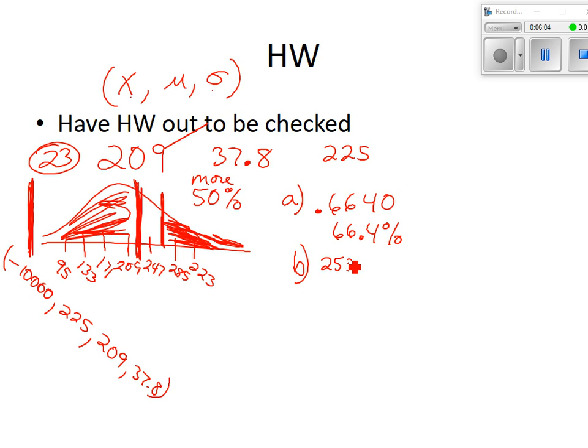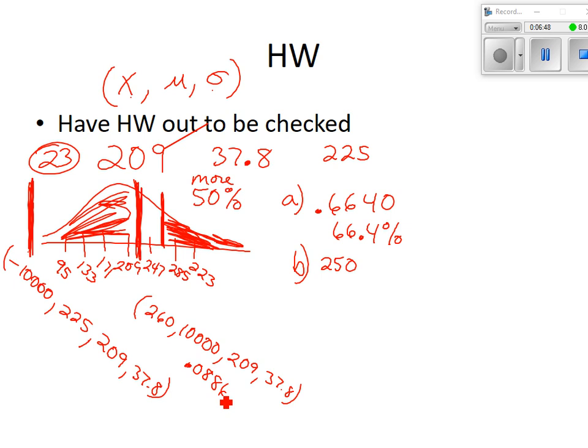So we'll punch in our low level this time, 260, high level 10,000, 209, 37.8. Second vars, normal CDF, 260, comma, 10,000, comma, 209, comma, 37.8, and it gives us about 0.0886.